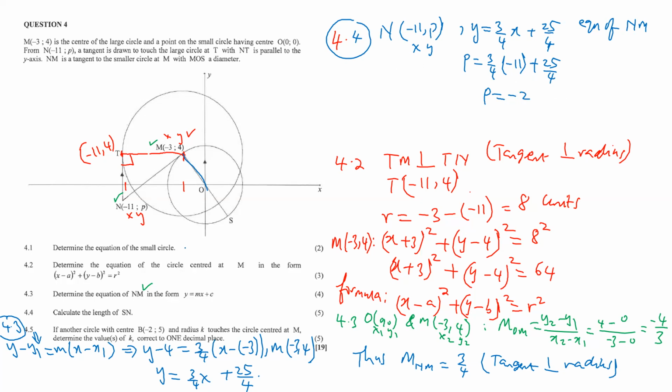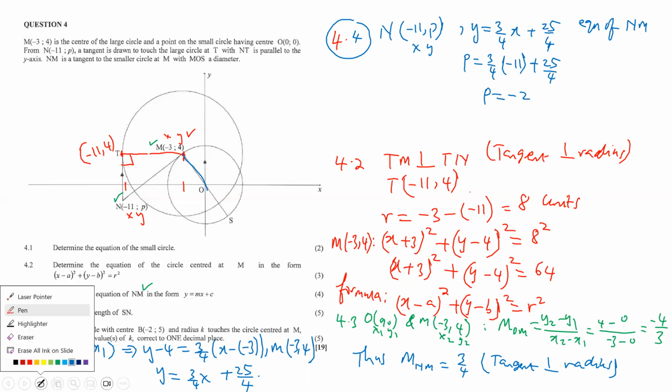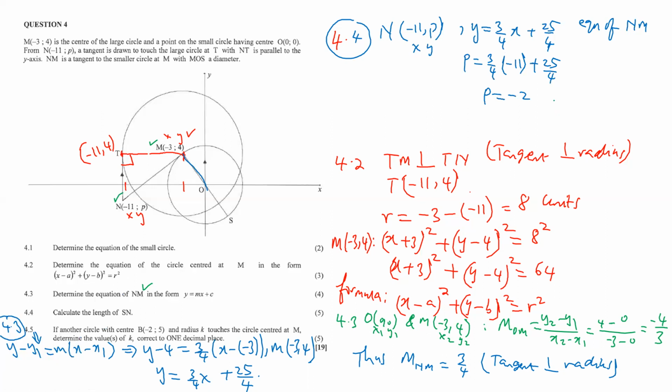All right. Now, after having seen that P is negative 2, we're able to see therefore that the point N has coordinates minus 11 and P, so it's minus 11 and minus 2. Next, we find now the length that is required, but first we must find the coordinates of the point S. What are the coordinates of the point S?